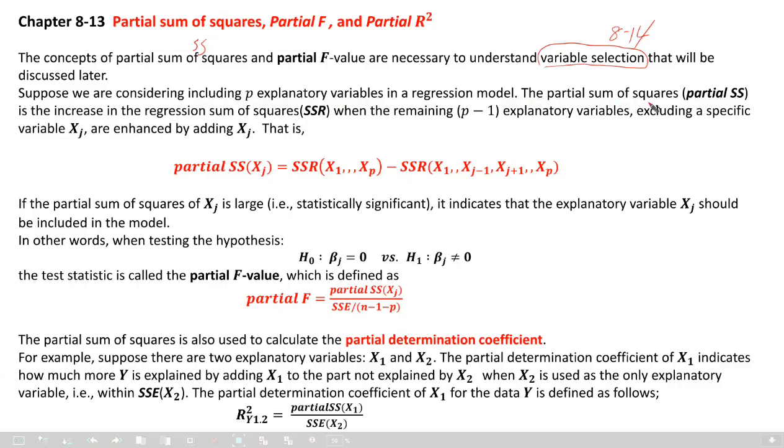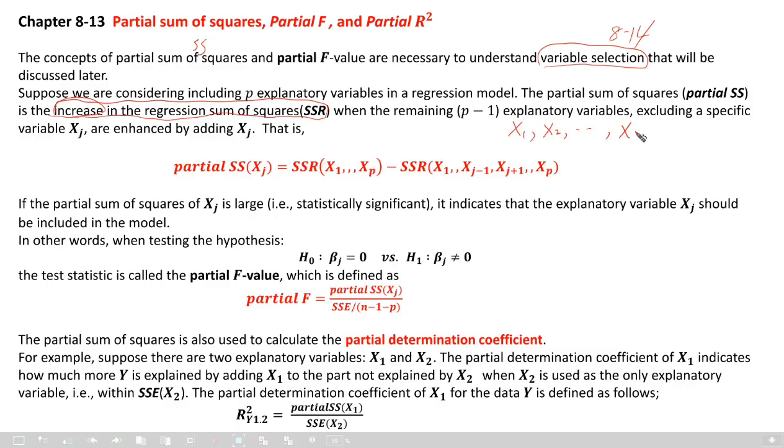The partial sum of squares, partial SS, is the increase in the regression sum of squares, okay? Amount of increase in SSR when the remaining p minus 1 explanatory variables, excluding a specific variable xj, are enhanced by adding xj. Oh, that is a long comment.